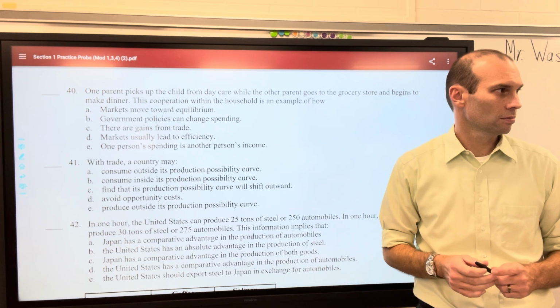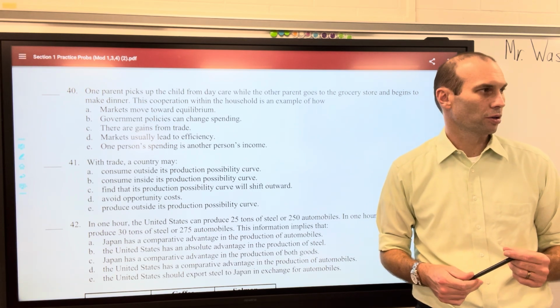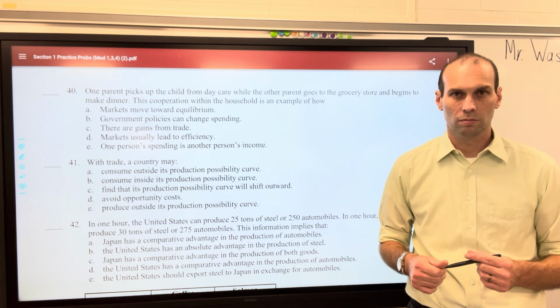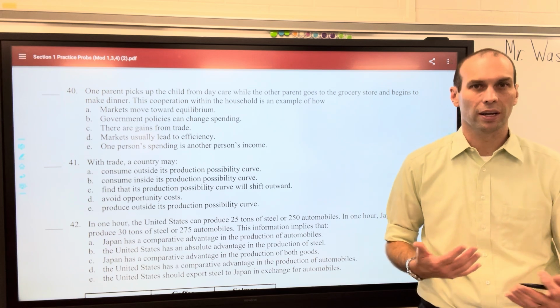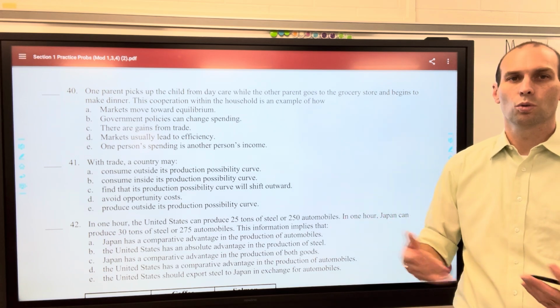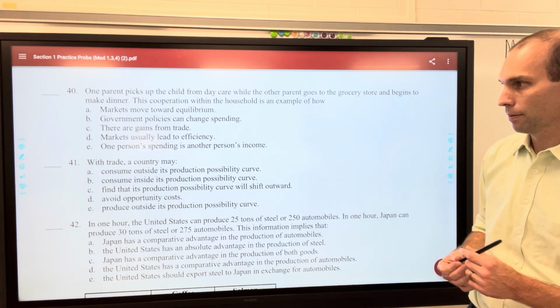Who wins? We all do. If one person tried to do it all, how well could they do both? Dinner would be ready way later and maybe be too rushed. So gains from trade. When we all specialize, we all benefit. Sound good?